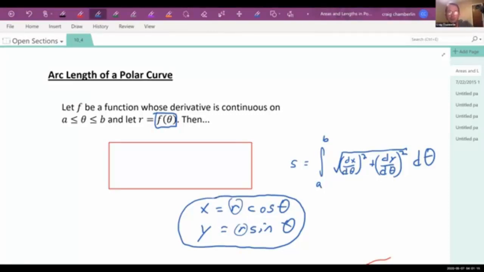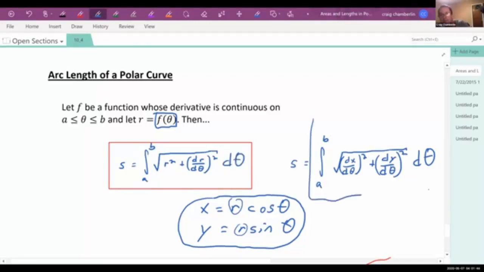But you get a simpler formula to use, and here it is. S is equal to the integral from a to b, same thing so far, of the square root of r² + (dr/dθ)² underneath, and then dθ on the end. So in other words, this guy simplifies to be this guy.